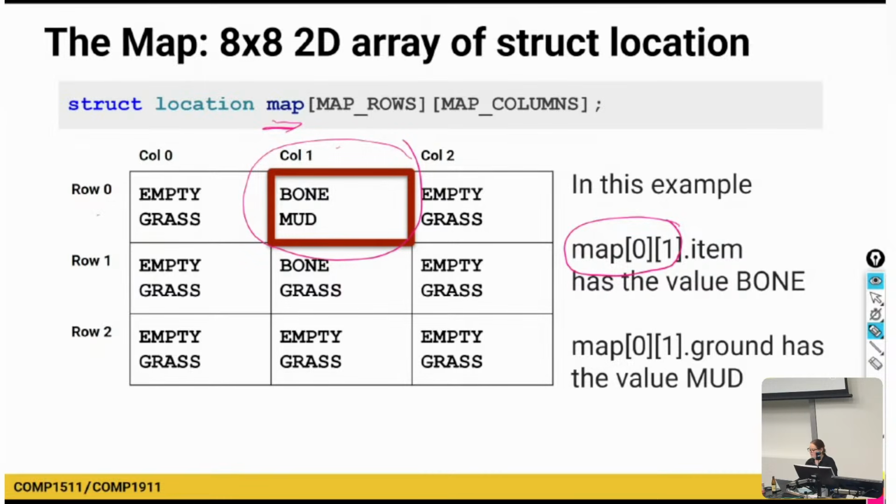I'd then have to do dot item to get this value of bone out, or dot ground to get this value of mud out. Okay, does that all make sense of how we access these 2D arrays with structs inside? Okay, good.